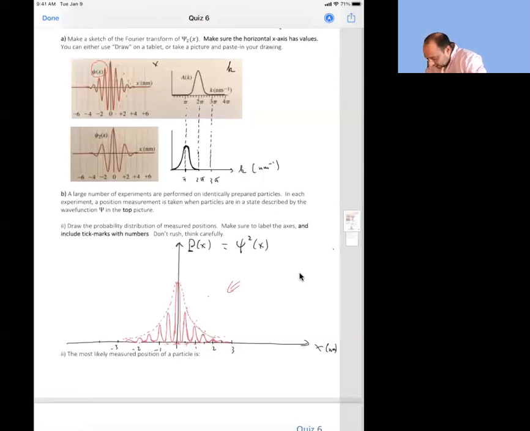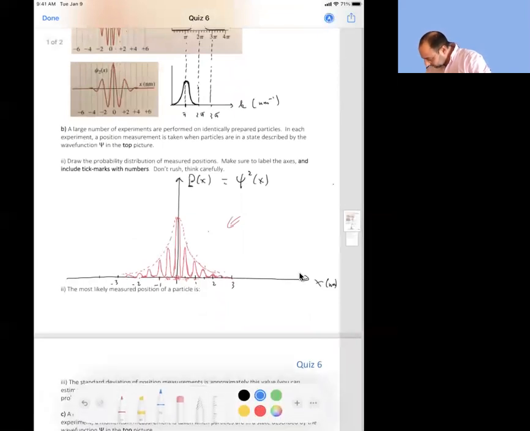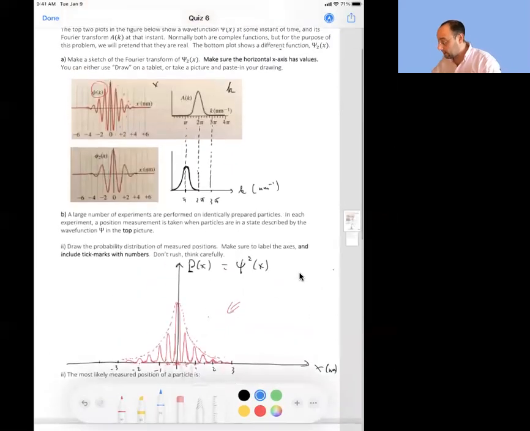The biggest accumulation of particles will be here. There's also a pretty decent accumulation here, fewer here, and so on. And there will be spots where you're not going to find any particles. So there will be spots right here. You will never find particles there. That's the statistical interpretation of this wave function psi.